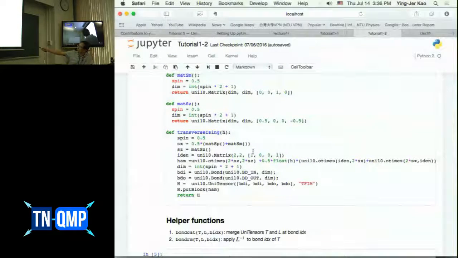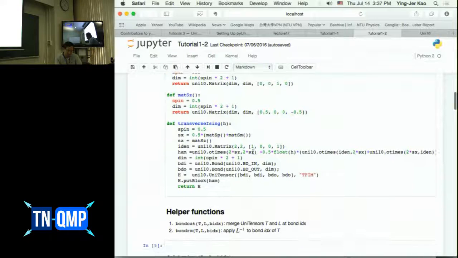Here, just identity times Sx, and Sx times identity. Then we have a two-site operator using the single-site operator.